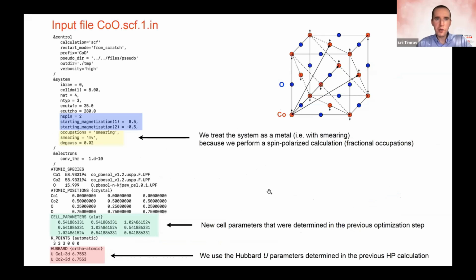So to do that, we come back to our input file. The story repeats. What we do here, we put our previously computed Hubbard U parameter, which is 6.7553, here instead of 0. And for the cell parameters, we put the latest optimized cell parameters.